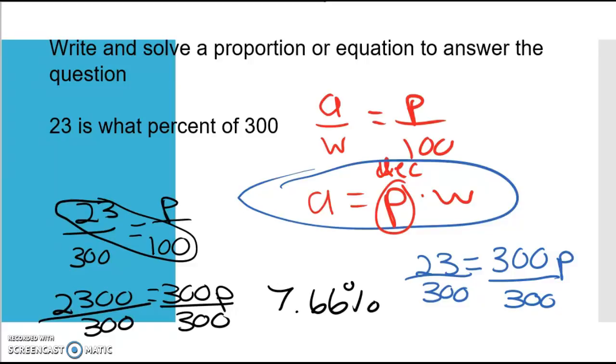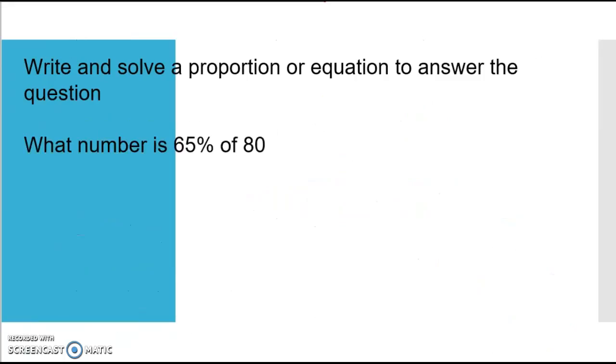So when you do that division, you'll get that P is equal to 0.0766. Then remember, you need to move your decimal over 2 to change it into an actual percent. So that's 7.66%. So both of these ways will get you the exact same answer.